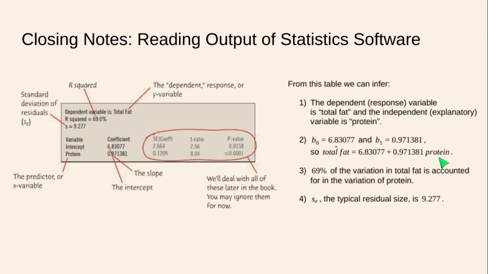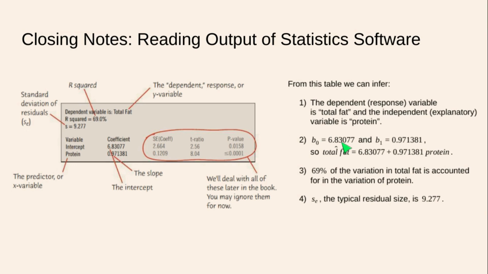So how do we find those values? Well, we see that across from intercept is 0.683077. That's our b sub 0 value.